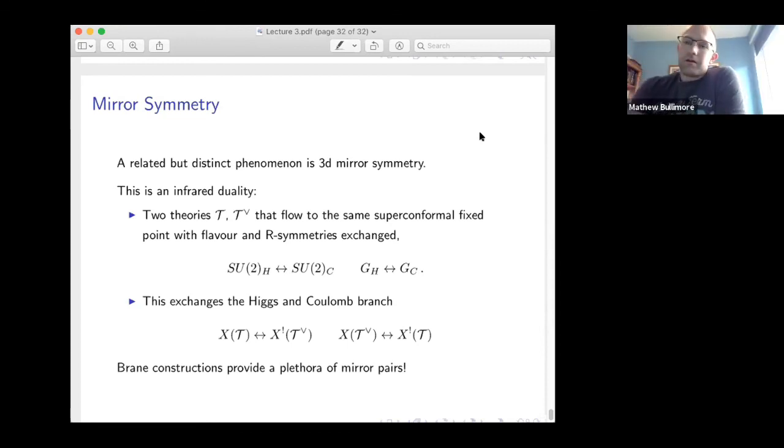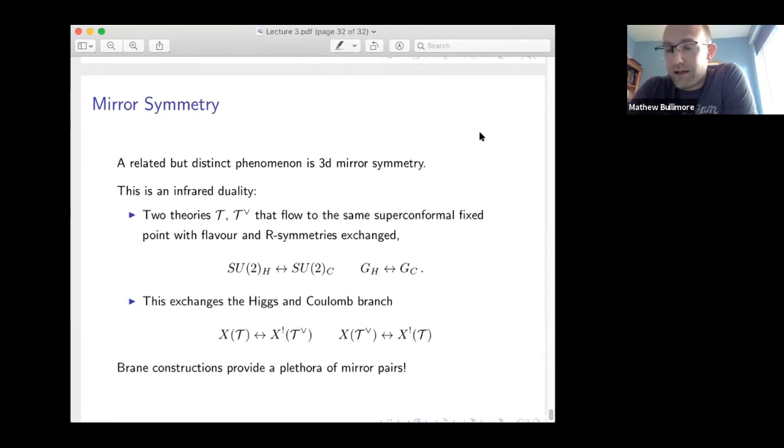Yeah, well, the coordinate ring doesn't really detect the real parameters, right? It just doesn't really see the real parameters.